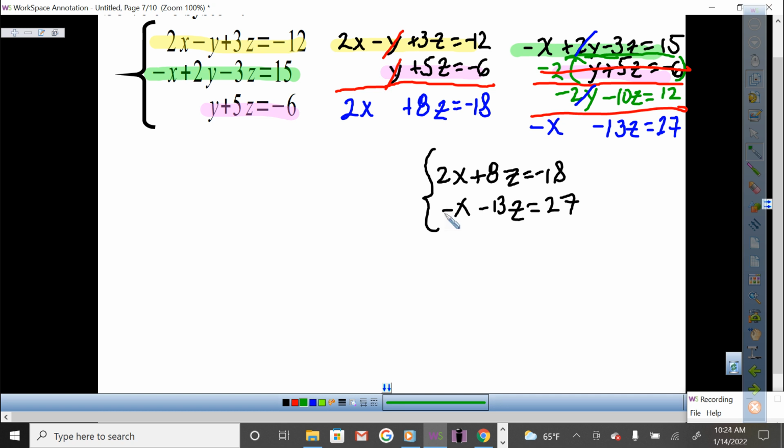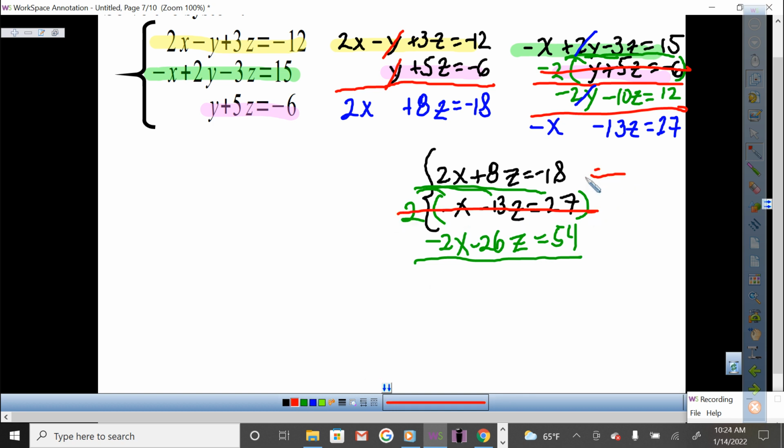Which means it already has a negative, so we need to multiply this times 2. Distribute, distribute, distribute. That gives us negative 2x, negative 26z equals 254. So that means we no longer use this middle one. We're going to focus on this one and this one.